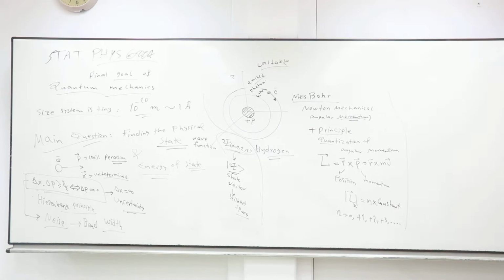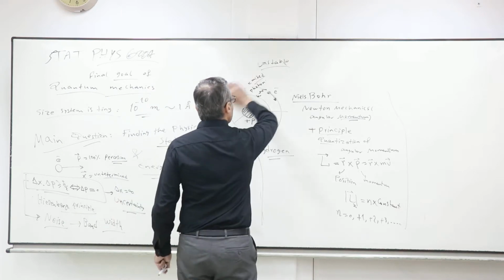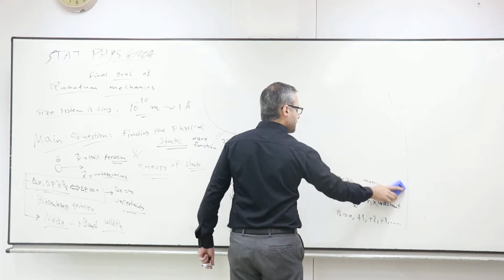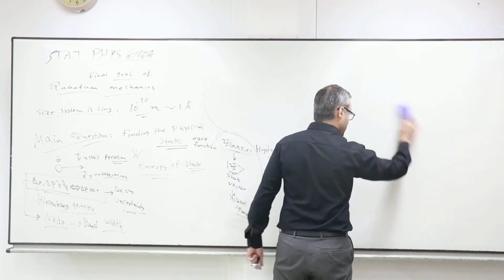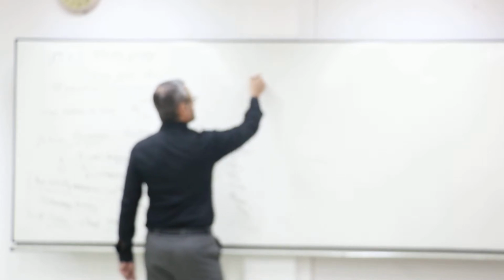So the main question in quantum mechanics is to find the state and the energy level. Energy is important because you want to know, for example, what you can do with this energy. And still it's very complicated. Look at that.